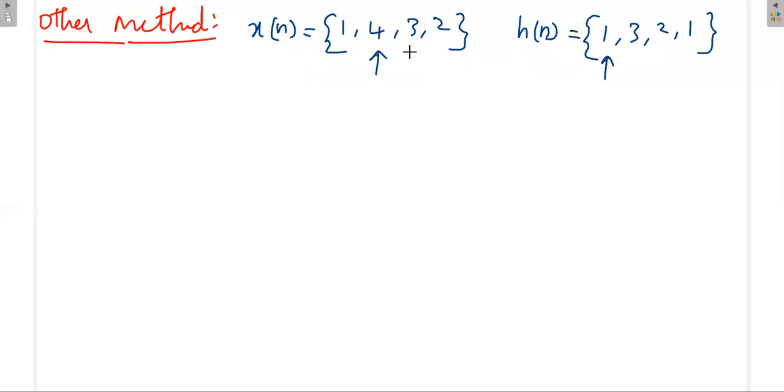The arrow mark will actually fix the time index, from where to where it is going. We are worried about only the sample values; finally, we can put the arrow mark. Just draw a table.